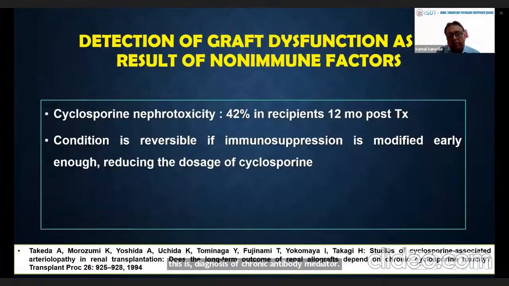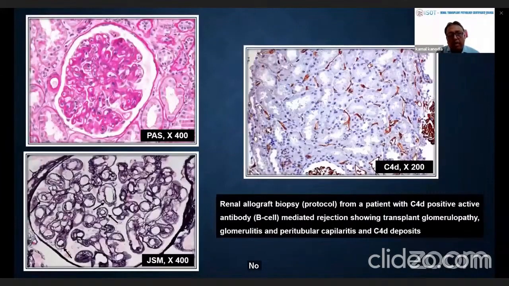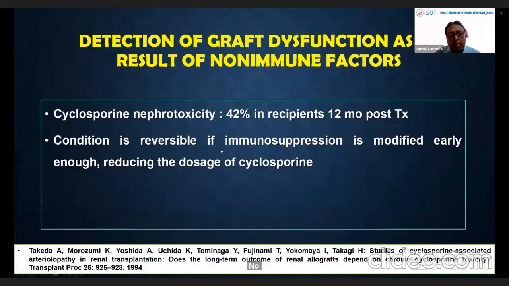Now coming to the detection of some non-immune factors, that is drug toxicity. So CNI toxicity is one of the culprits for developing chronic changes in the graft. Almost 42% of recipients were found to have cyclosporine nephrotoxicity at 12 months post-transplantation. This is the study by Takeda et al.